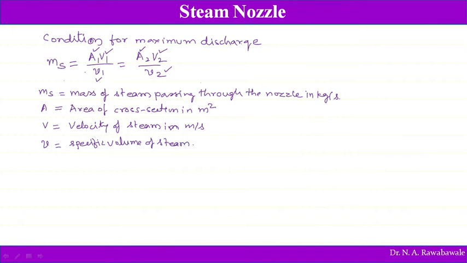Specific volume of steam at exit, specific volume of steam in meter cube per kg, and suffix 1 and 2 are suffix for inlet and outlet.